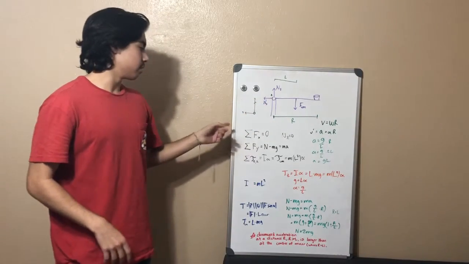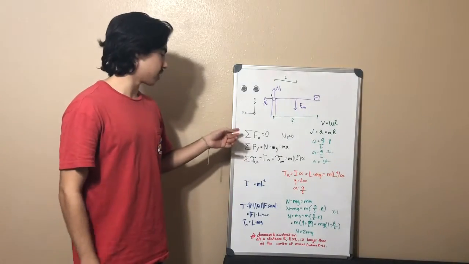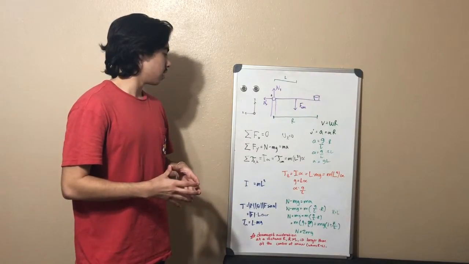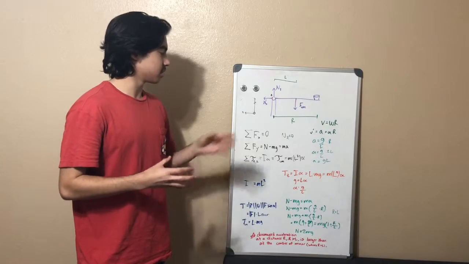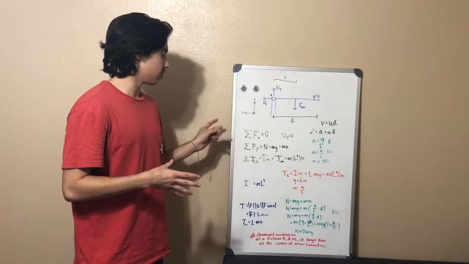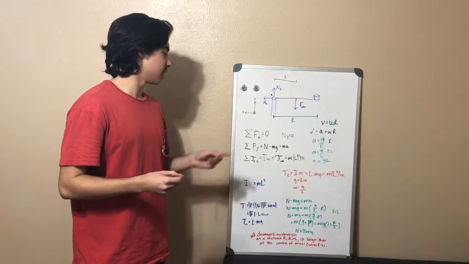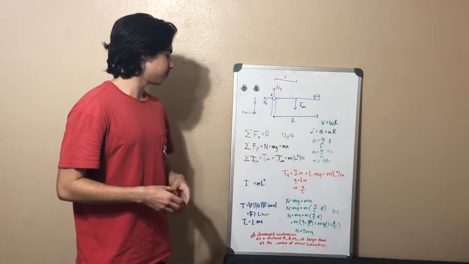And then here we have our sum of forces equations in the x and y direction. We notice that in the x direction the sum of forces is equal to 0, and so our normal force in the x direction is also equal to 0. We have our sum of forces in the y direction set to mass times acceleration, and that is N minus mg.